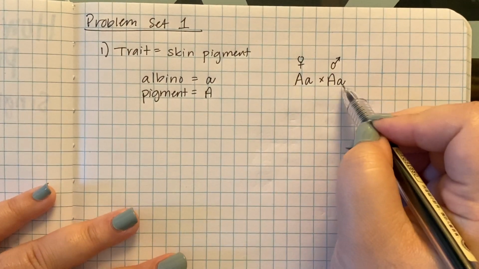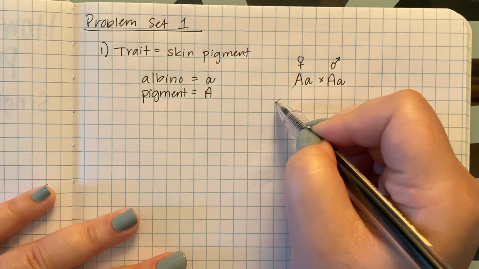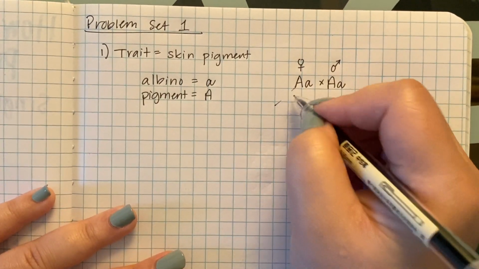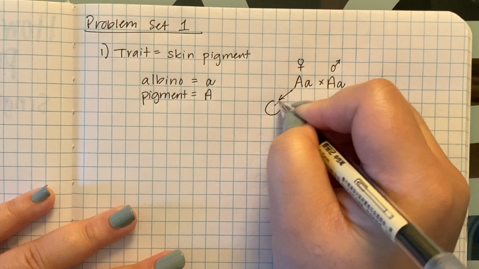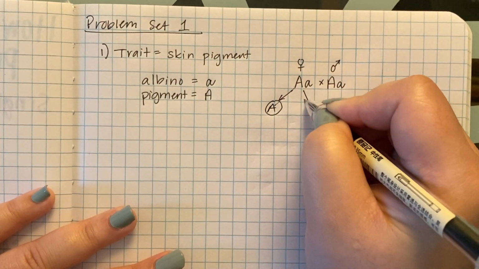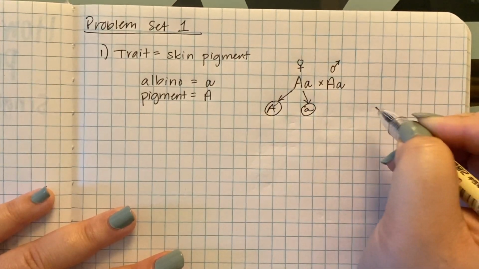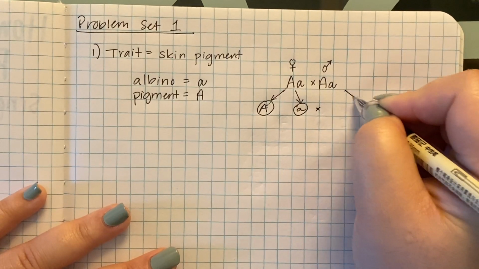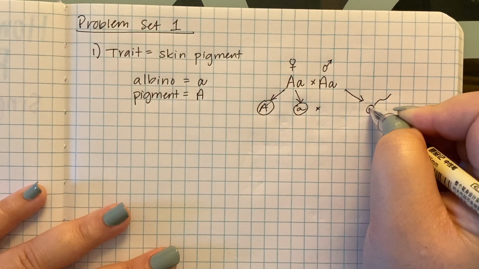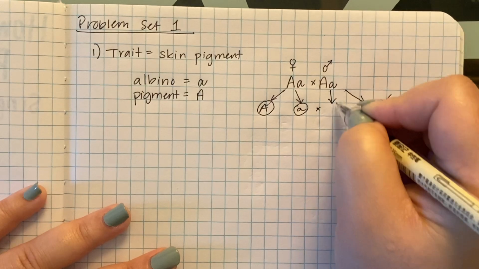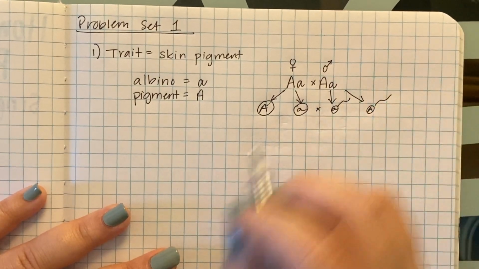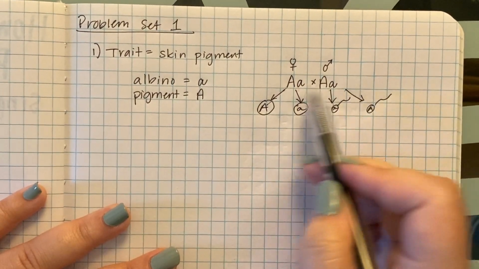When these cells undergo meiosis, remember these will separate. So when this individual produces eggs, she will produce eggs that have the dominant allele, and she will produce eggs that have the recessive allele. And then for this male, he will produce sperm that have the dominant allele, and he will produce sperm that have the recessive allele. So this is just showing meiosis, okay?